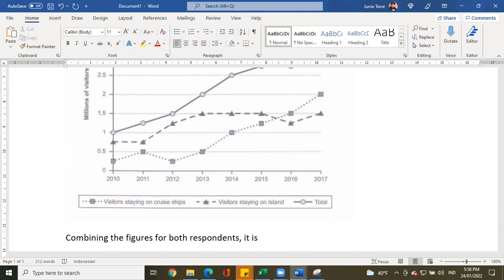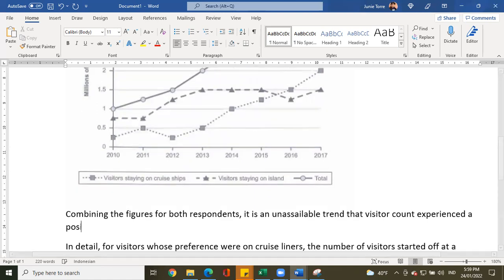Is that unassailable, guys? Something like unassailable, something you cannot dispute. It is an unassailable trend that visitor count experienced a positive rising trend throughout.